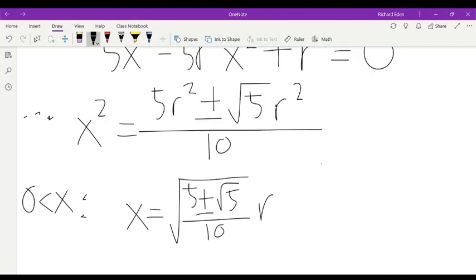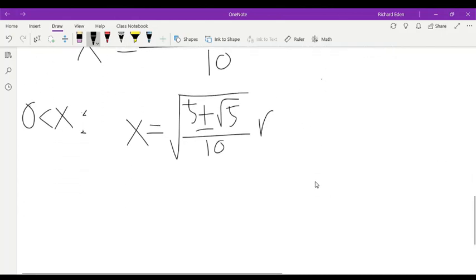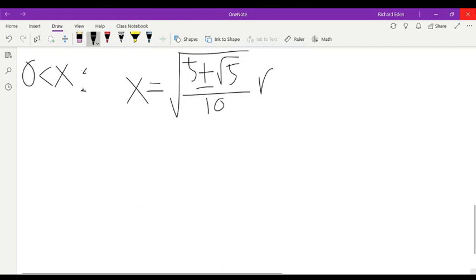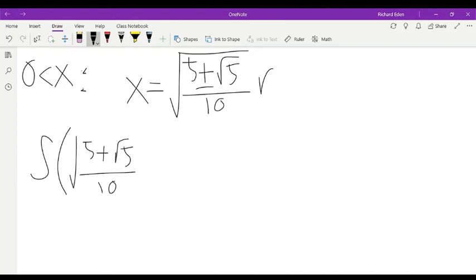So that gives us two critical numbers. All you got to do now is evaluate the surface area function at our two critical numbers. So you got to evaluate s at first the square root of 5 plus the square root of 5 over 10, times r. Please do the algebra.